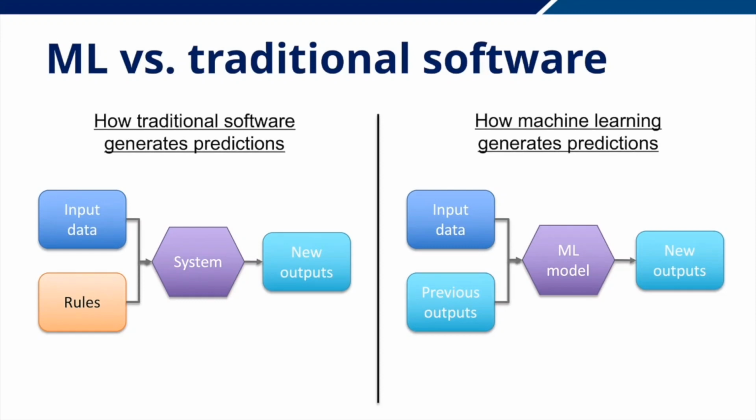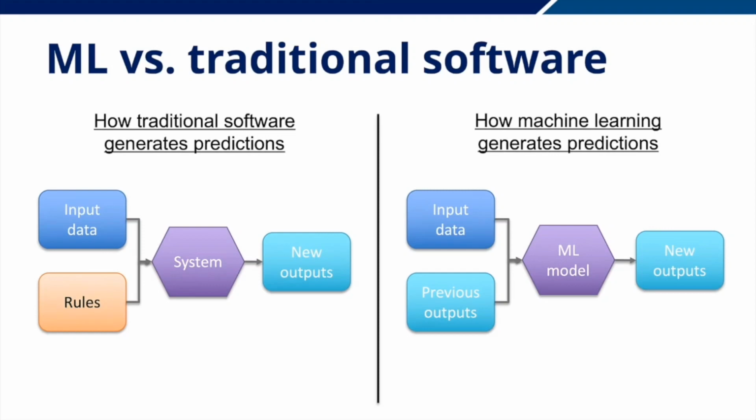So in the previous example of classifying an image of food as a hamburger or not a hamburger, we would feed our software system a set of input data, or images of food in this case, and a set of rules for what constitutes a hamburger. The system would then be able to apply those rules to identify whether each image in the input data was a hamburger or not a hamburger.